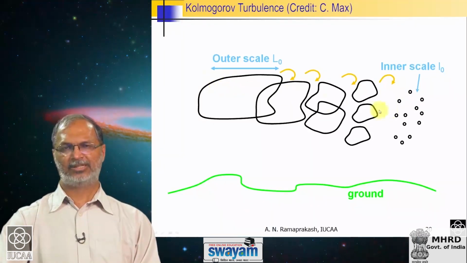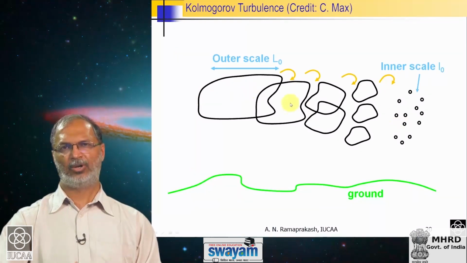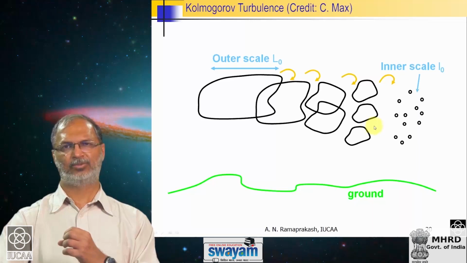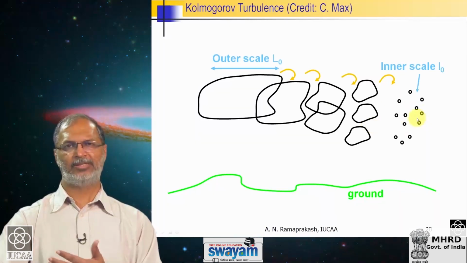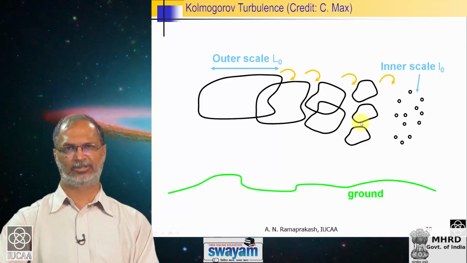So, there is structure in the atmosphere at all scales, from the large scales at which energy gets injected, all the way down to where the blobs break up into smaller and smaller parcels of atmosphere into the smallest scale. And this is continuously changing. It is not that this piece stays like this all the time. The next instant, some other part gets mixed with this, and the shape of all the blobs keeps changing, and this is a continuous process.